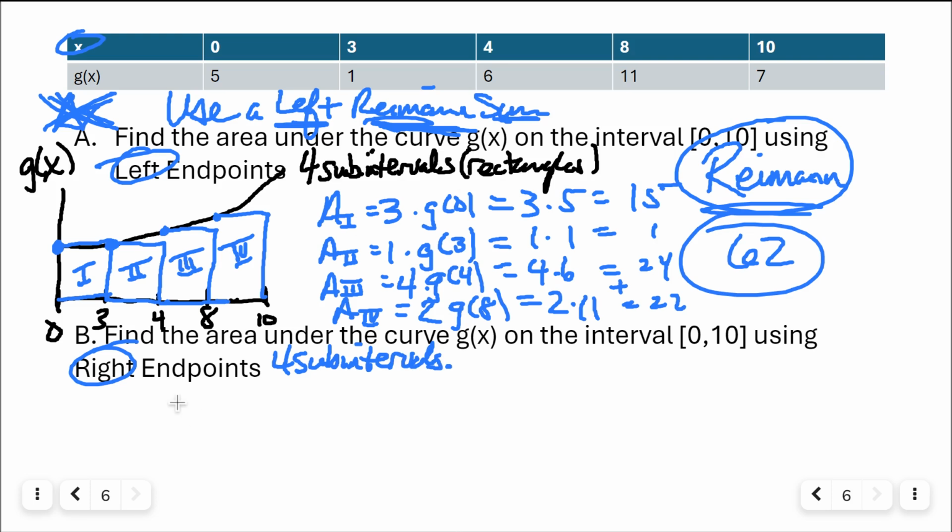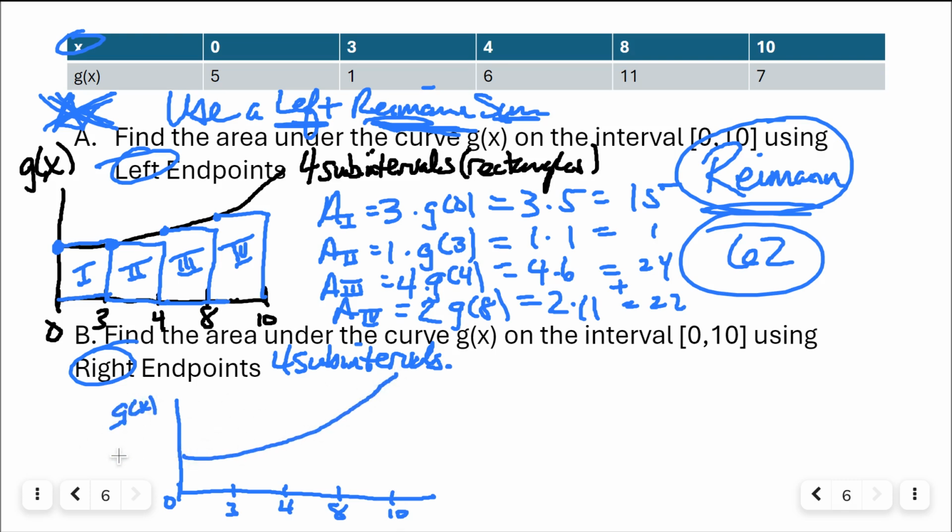Okay, let's draw a picture here. So we have 0, 3, 4, 8, 10. Just draw anything. There it is, g of x. And now we're going to draw from the right 4 rectangles.